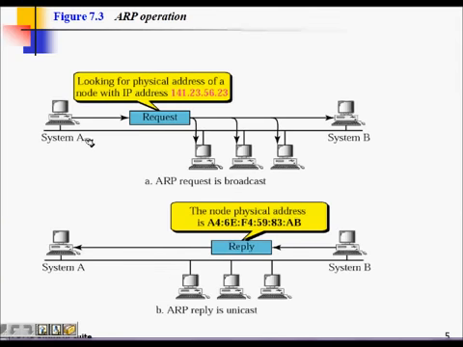So there is a system A and this is a LAN, okay? So this is a LAN. There is a system A, and A wants to know the MAC address of system B, which has IP address 141.23.56.23, okay?